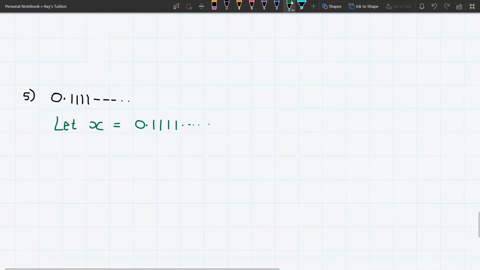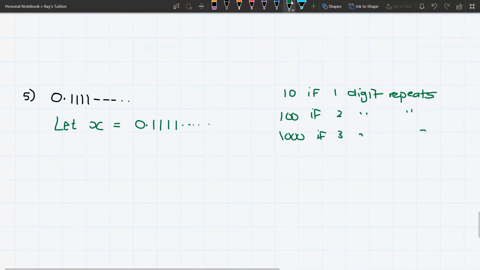And then, depending on how many digits are repeating, you can either multiply it by 10, 100, 1,000. So we multiply it by 10 if one digit repeats. Here we only have a 1 repeating over and over, so we can multiply it by 10. You multiply it by 100 if 2 digits repeat, 1,000 if 3 digits repeat.